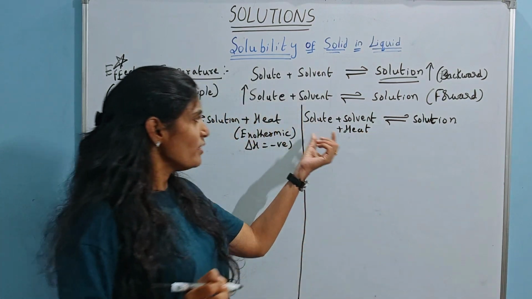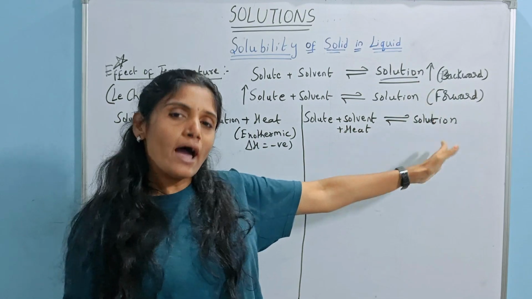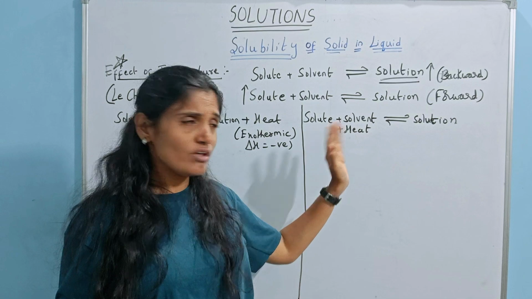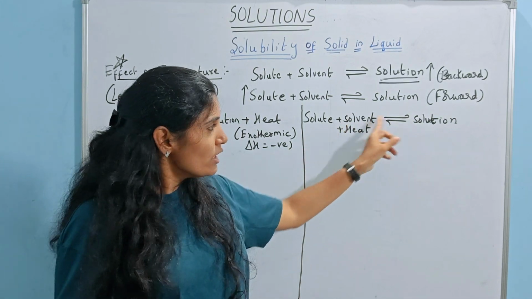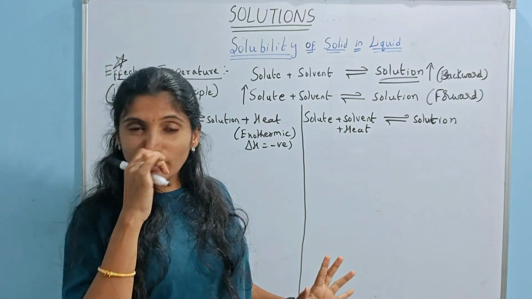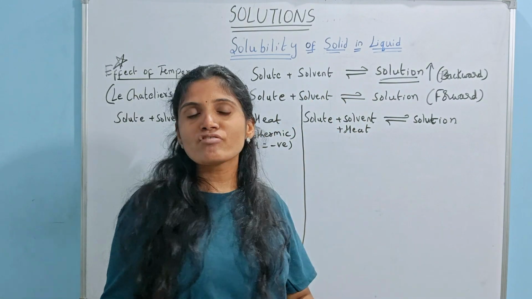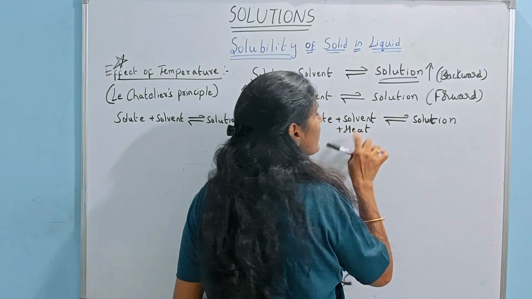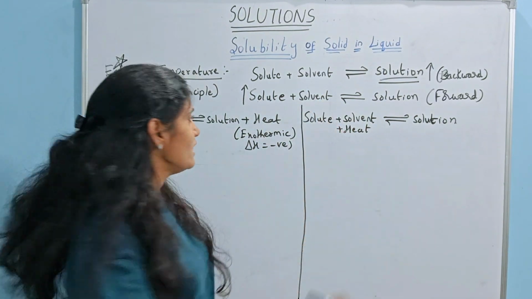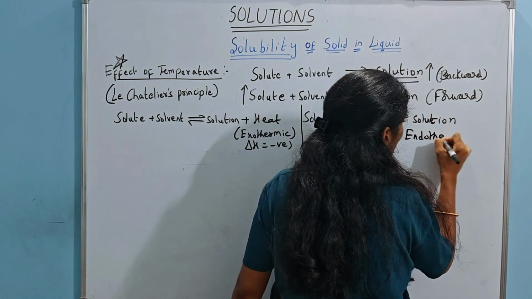For solute plus solvent becoming solution and solution coming back in the form of crystallization, solute coming out, this dissolution and crystallization process, for this dynamic equilibrium to be achieved, or for these reactions to take place, I need to supply heat. Whenever you need to supply heat for any reaction, that reaction I call as what? Endothermic reaction.